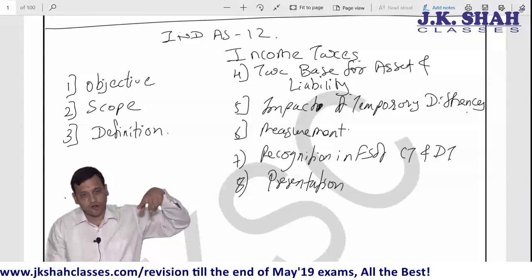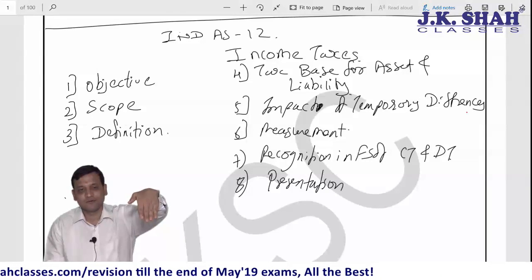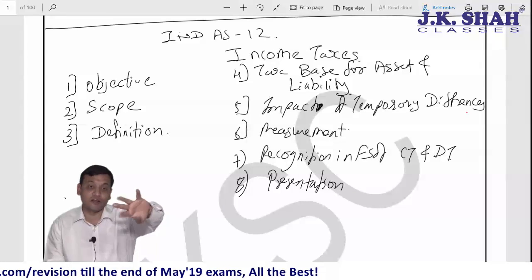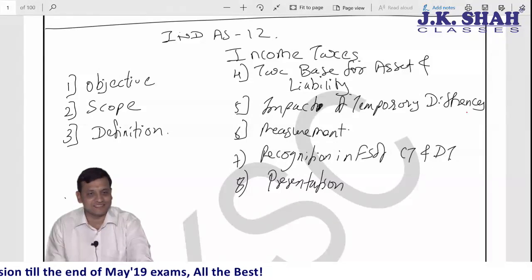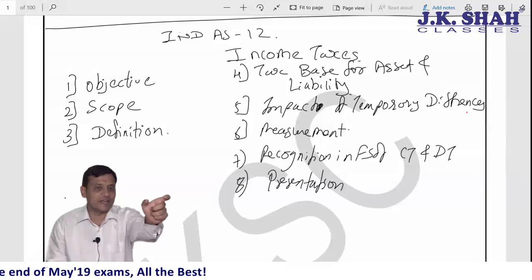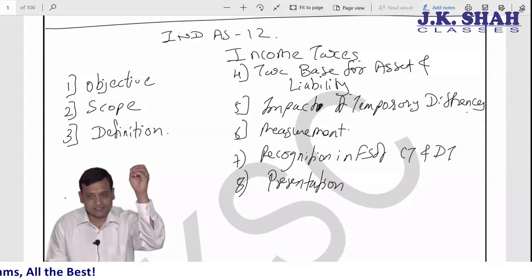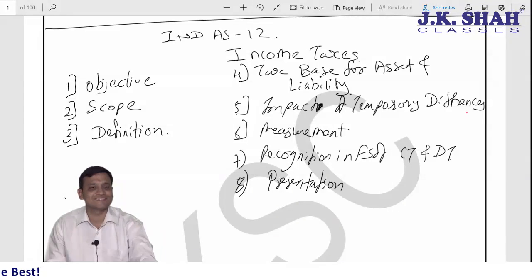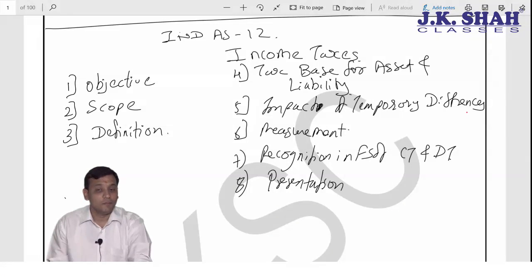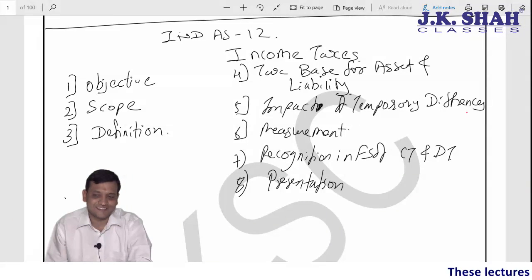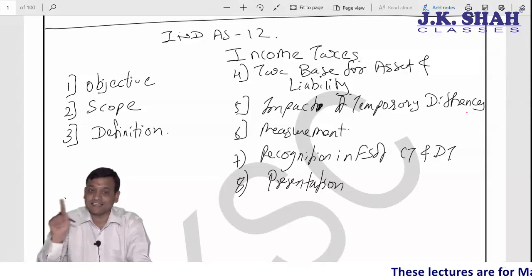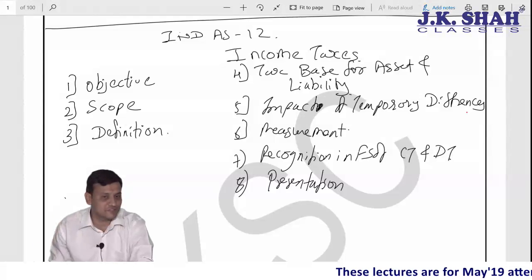If I am looking at 10 years, the accounting profit and the taxable profit both give me the same results, because in 10 years the whole asset has been depreciated in the accounts as well as in the tax. But when I look at the periods on an individual basis, the taxable profit and accounting profit differ.